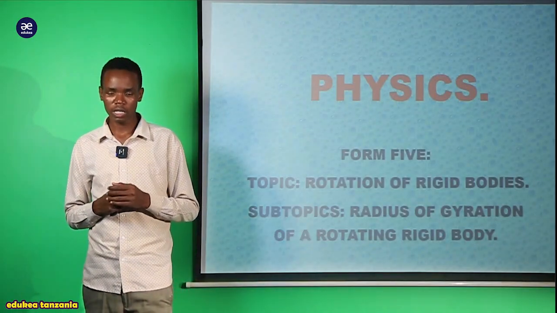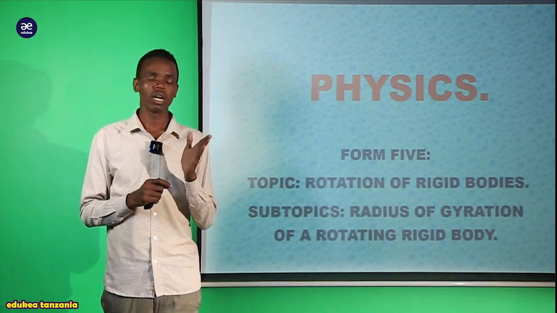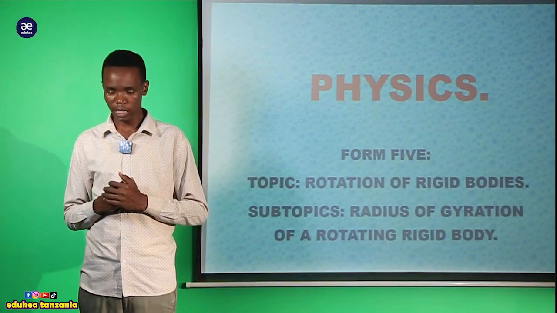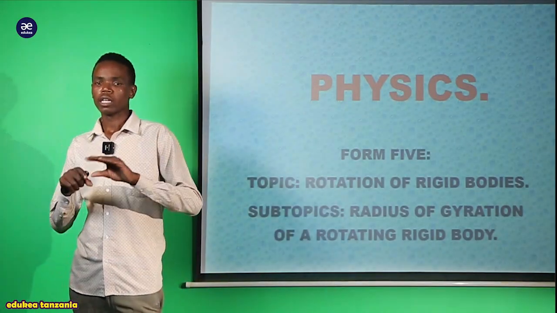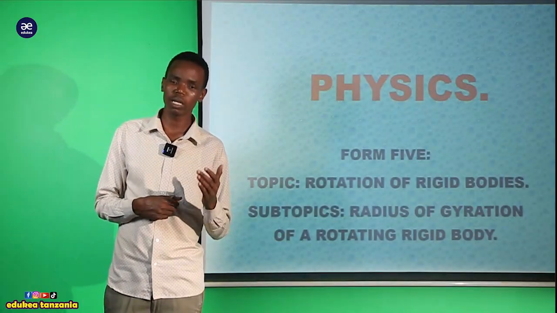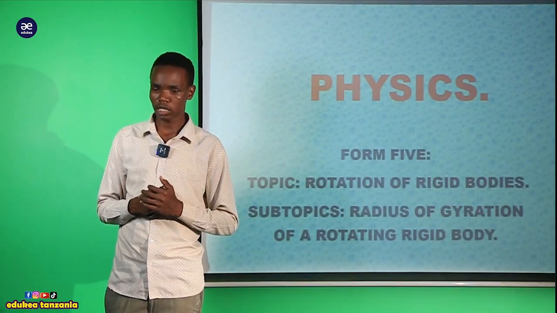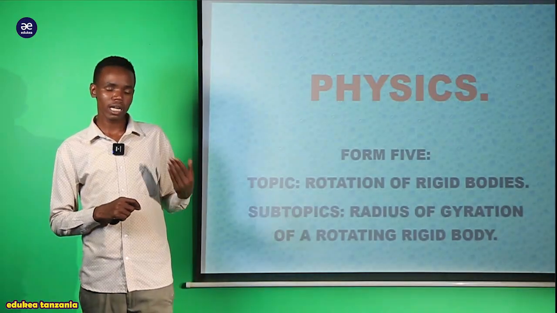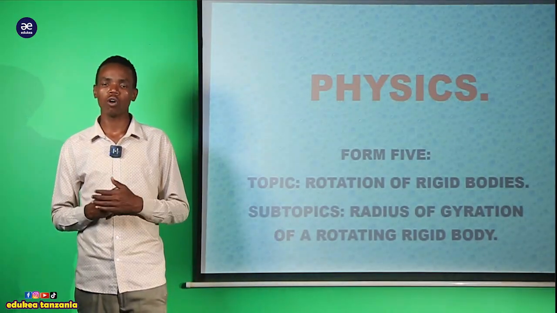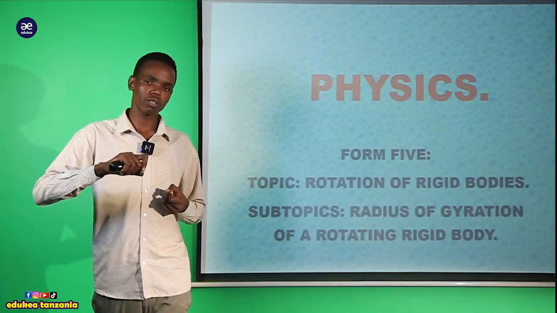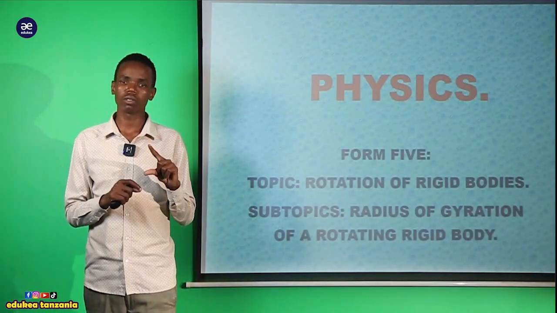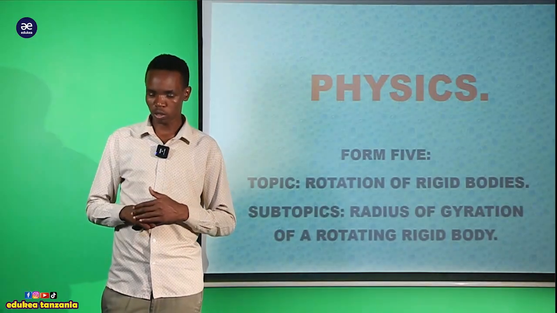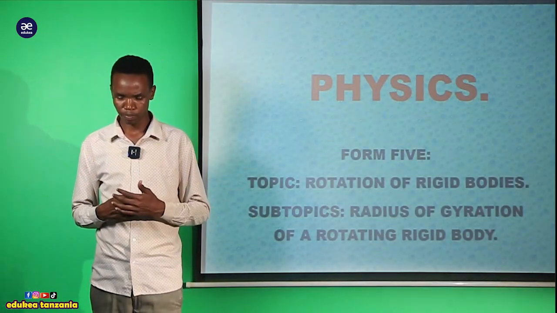Finally, we demonstrated the formula that we can apply to find the value of the radius of gyration, as there are so many questions where you'll be asked to find it. We proved that the radius of gyration of a rotating rigid body is equal to the root mean square. That is what we discussed in the last session.